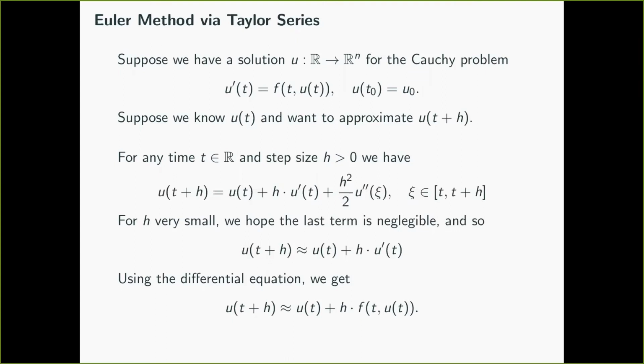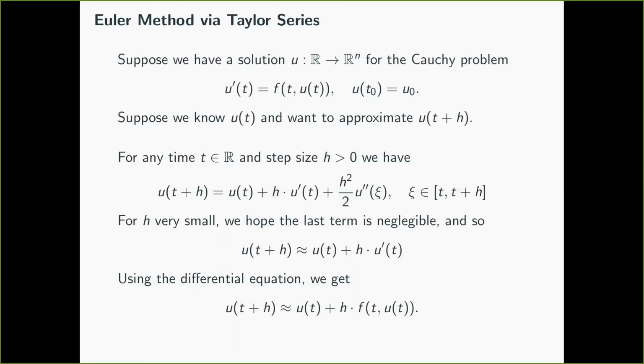And finally, we can also use a Taylor series. Namely, again, for any time t and any positive step size h, we have the approximation theorem of Taylor, which tells us that u(t+h) is exactly u(t) plus h times u'(t) plus h squared over 2 times u''(xi).